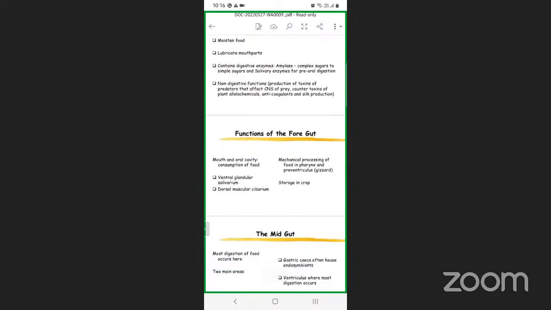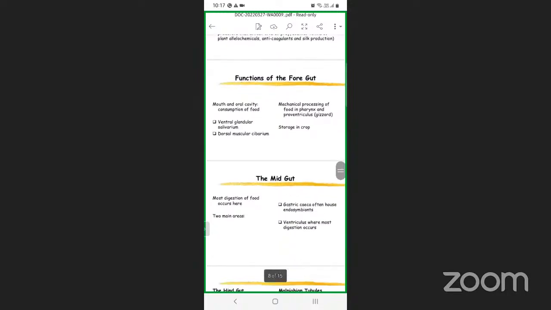And from there, the food enters into the foregut region, the mouth and the oral cavity, where after consumption the food enters into the ventral glandular salivarium, and from there into the dorsal muscular cibarium. Mechanical processing of food in the pharynx and the proventriculus or gizzard helps, and there is also storage in the crop.